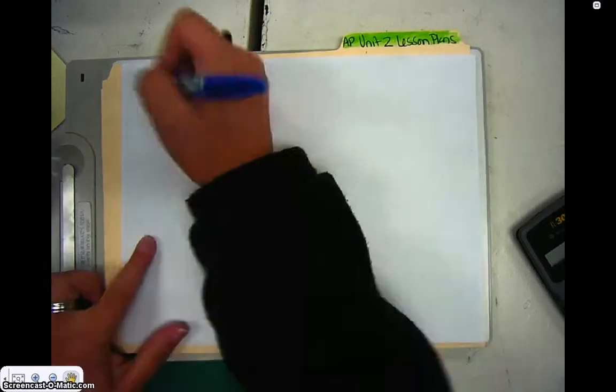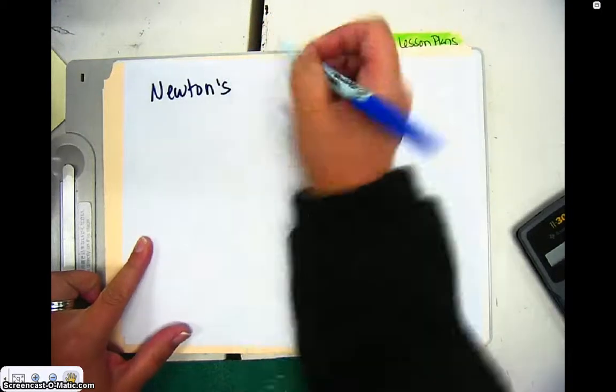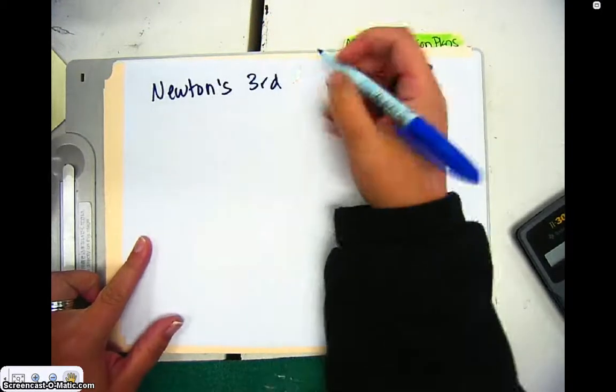In this video, we're going to be learning about Newton's third law, which is the reaction. For every action, there's an equal and opposite reaction. You've probably heard this before.